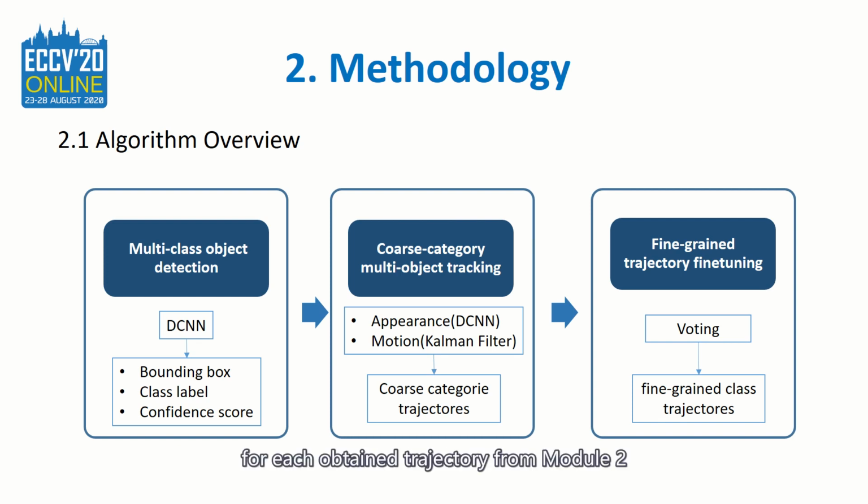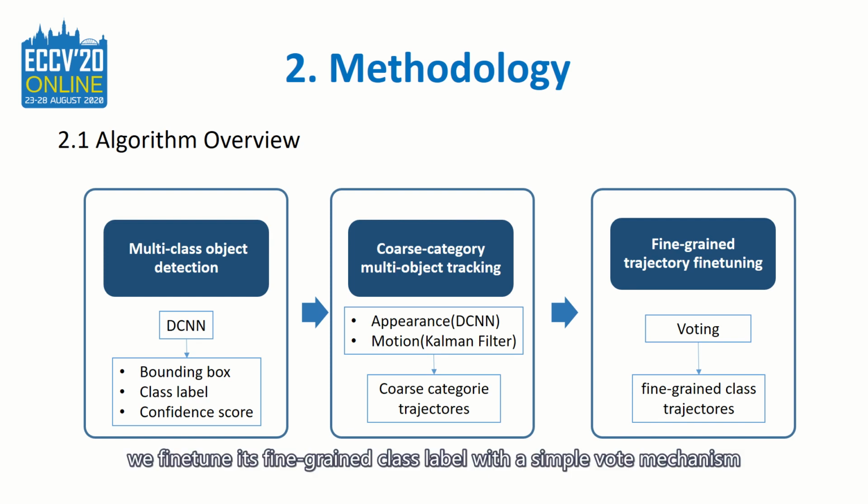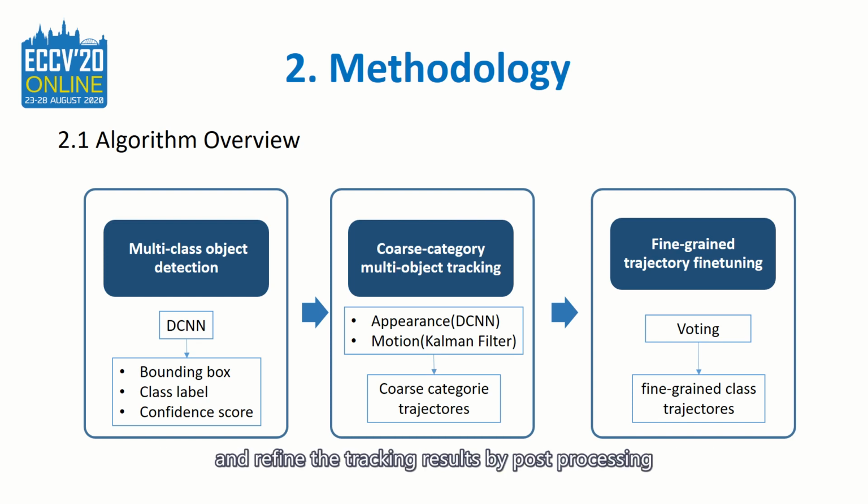Finally, for each obtained trajectory from Module 2, we fine-tune its fine-grained class label with a simple vote mechanism and refine the tracking results by post-processing, such as trajectory padding and smoothing.